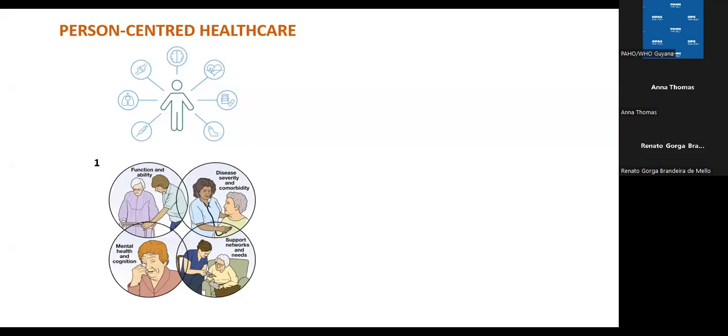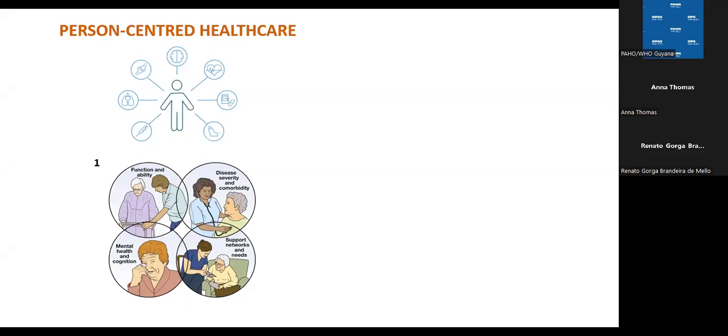So when we are planning to care for an older patient, we have to consider function and abilities. We have to consider mental health and cognition because it is important regarding treatment adherence. We have to know if this patient has support networks and needs, what the patient's needs are.